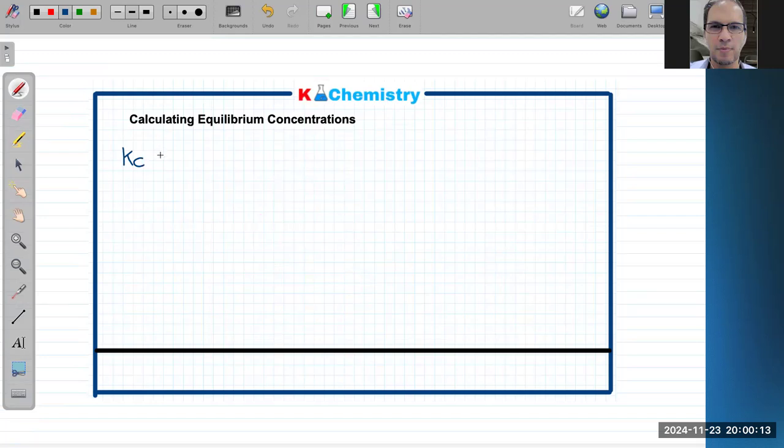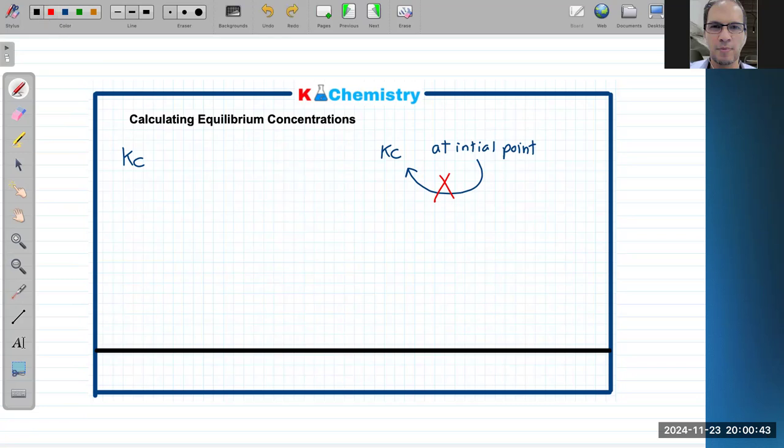In this case, you can just say the Kc is equal to the concentration of products over reactants to their power. Or I'm not giving the concentrations at equilibrium, I'm giving the concentrations at the initial point. And in this case, I cannot use it to find the Kc, because if I am having this, it will not be called Kc, it will be called Q. So it will be called Q instead of Kc.